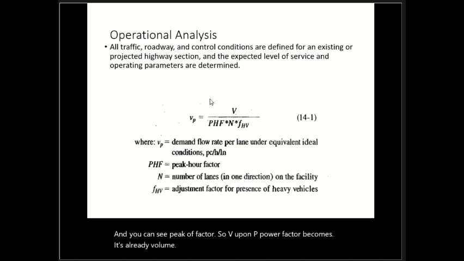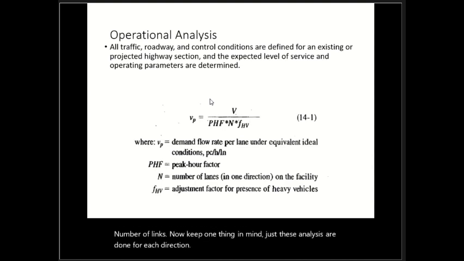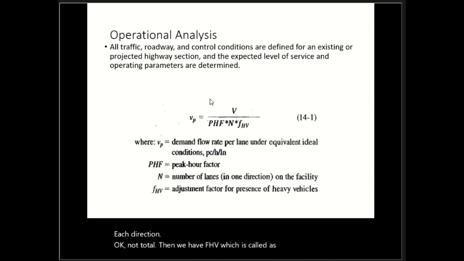Then we have N, which is number of lanes. Now keep one thing in mind, these analyses are done for each direction. So number of lanes, each direction, not total. Then we have fHV, which is called the adjustment factor for heavy vehicles.